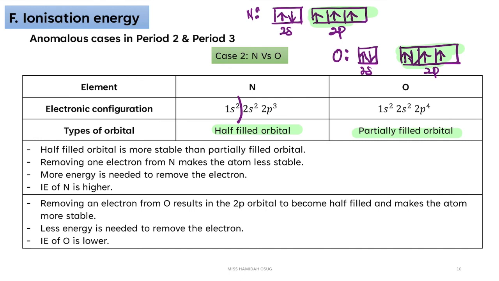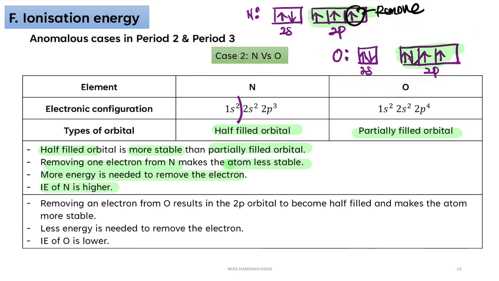So when we want to remove one electron from nitrogen, in the 2p orbital, it will make the atom less stable. So more energy is needed to remove that electron. Therefore, the ionization energy for nitrogen is higher.